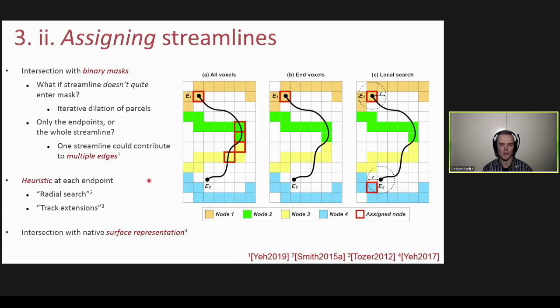The basic premise is that depending on the particular mechanism you use for assigning streamlines to parcels, depending on the nature of your streamlines reconstruction, depending on the nature of the parcellation itself, you can get quite drastically different results. I won't go into full details on all of the different options here. It's more a question of, if you're doing structural connectome construction, it's worth being aware that there is actually a step required here. It's not something that happens magically.